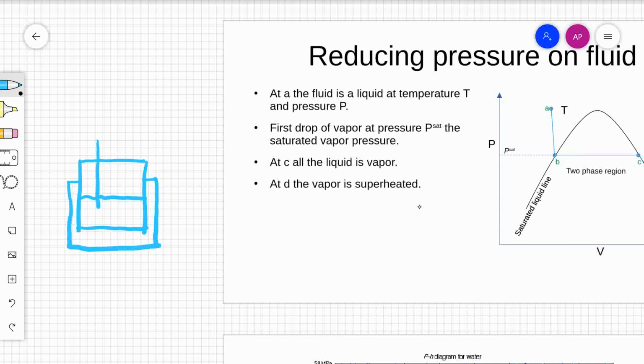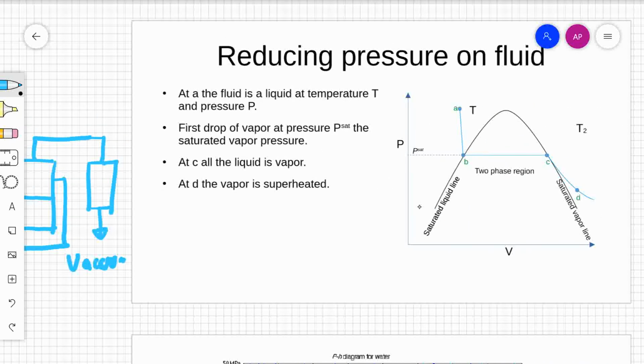We note its temperature and we make an arrangement to depressurize it. So this is a vacuum pump.